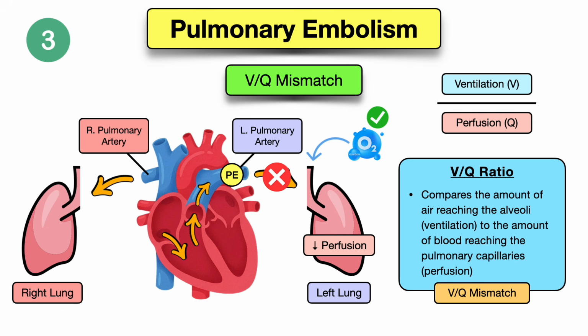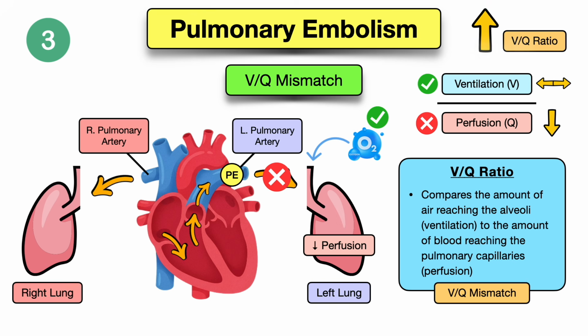In the case of a pulmonary embolism in the left pulmonary artery, the ventilation is maintained because the patient is still breathing in oxygen, but the perfusion, or blood flow, to the left lung is decreased because of the blockage from the PE. So that portion of the lung that is blocked will have a high VQ ratio. This is because the ventilation, which is the numerator, is maintained, but the perfusion, which is the denominator, is decreased.